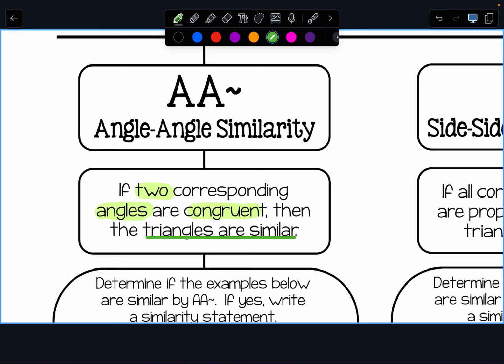If we look at a set of 2 triangles, if 2 sets of angles are congruent, what does that have to mean about the third? That they're congruent, right? Because both triangles have to add up to 180. So if 2 are the same, then we know that the third is the same.